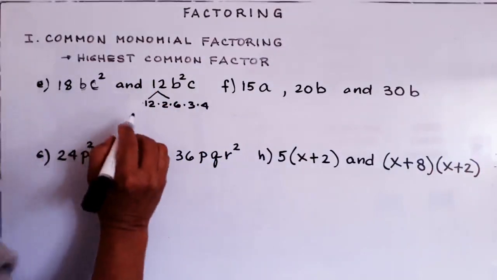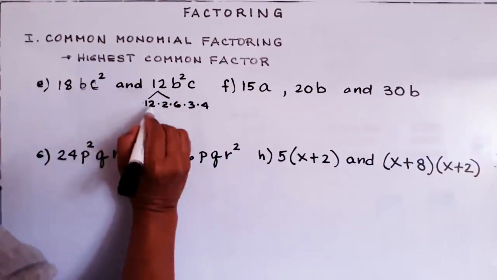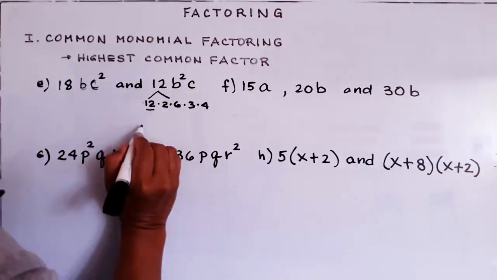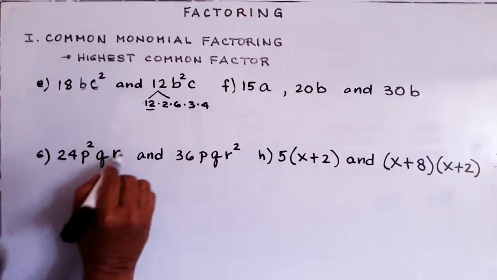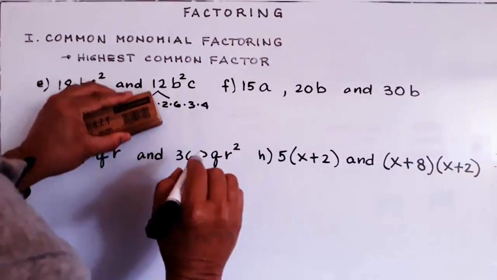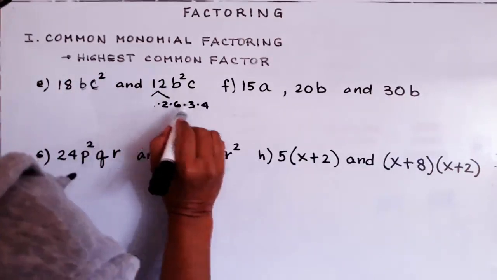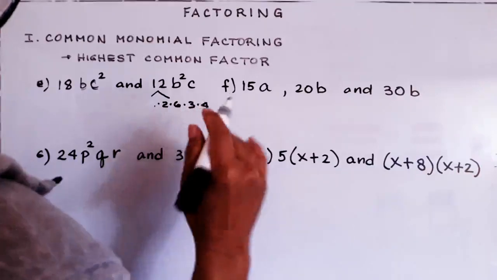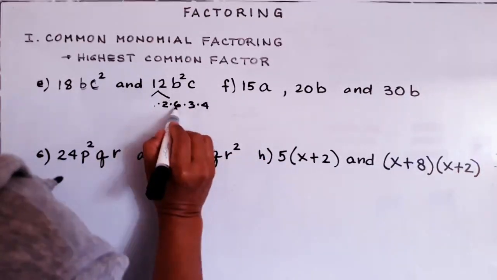Let's start from the highest number here, or the smaller one of the two. Start with the 12. Do you have 12 and 18? Can you get 18 by multiplying 12 by a certain number? No. So 12 cannot be our common factor. Let's say the next one, the 6. We start going from highest to lowest. So 6.